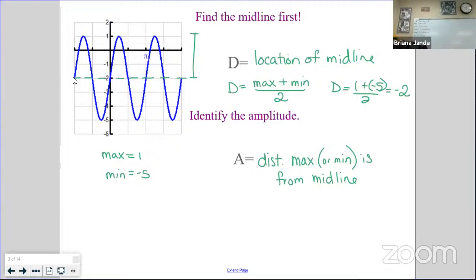Okay, so in our case, it looks like from here, my midline being at -2, my maximum is up at 1. That is a distance of 3. And I can just see in a picture how far that is.